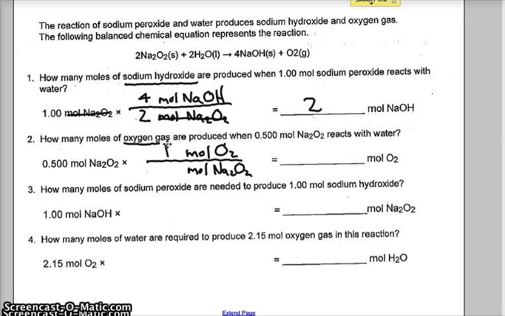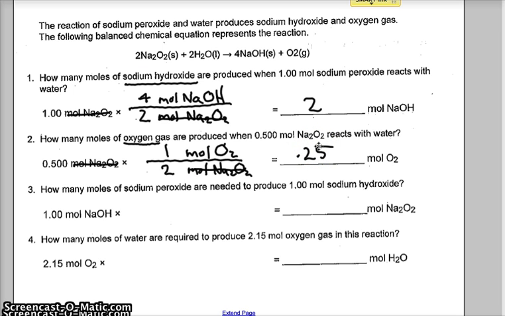There's no number in front, so that means 1. And the Na2O2 has a 2 in front of it. So we have 0.5 times 1 divided by 2. So basically it's saying half of 0.5, which is, oh, and we have to cancel. It would be good to cancel those units. So 0.25.